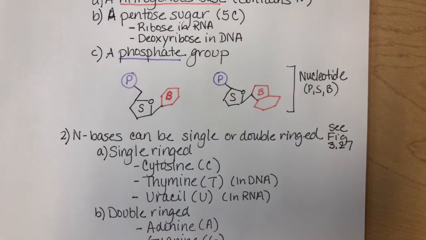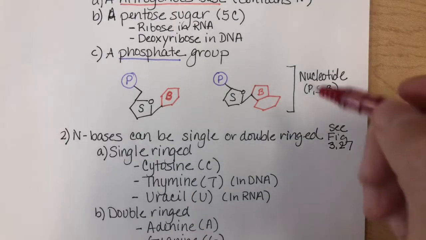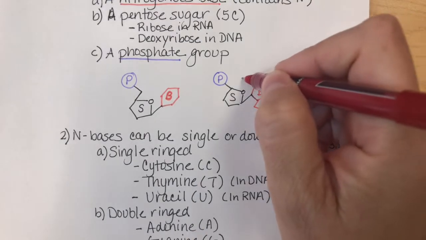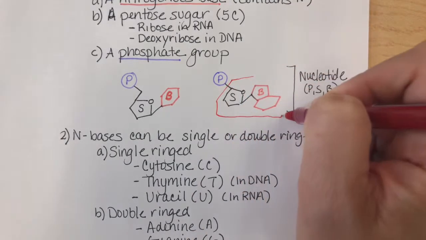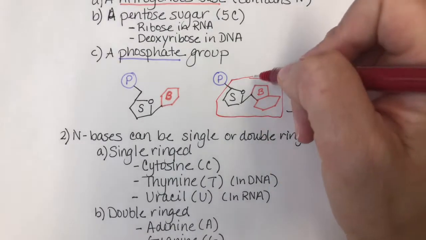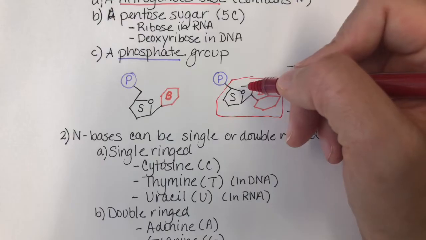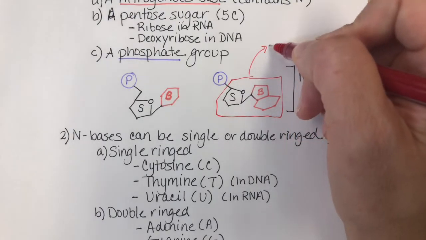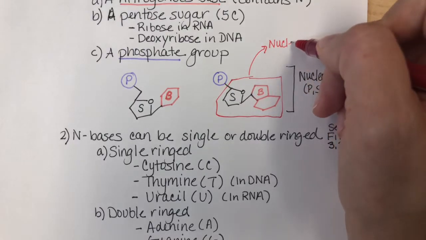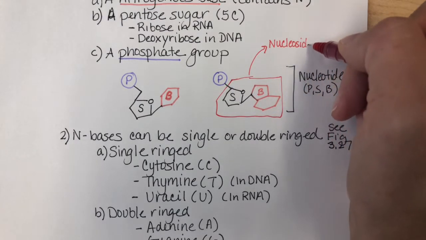All right, so then a nucleoside is the part that is just here, so without the phosphate group. So this is a nucleoside. So if you see that word, I just wanted you to be familiar with what it is.